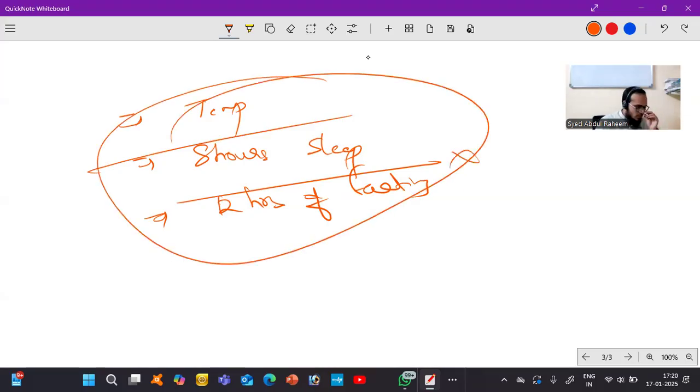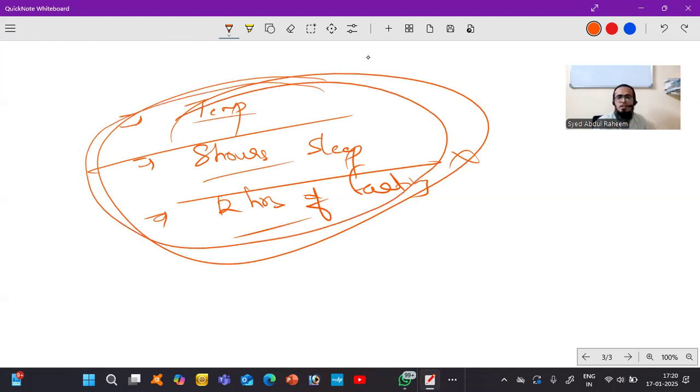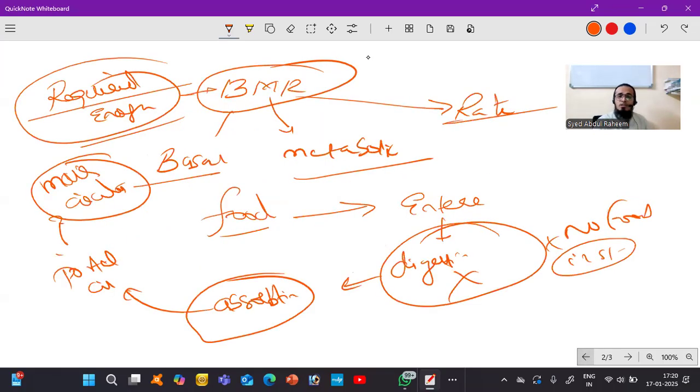Nowadays, BMR calculators are available. So if you use one, you will get the exact value. What exact value? How much energy your body requires after absorption, to sustain the functions of the body.